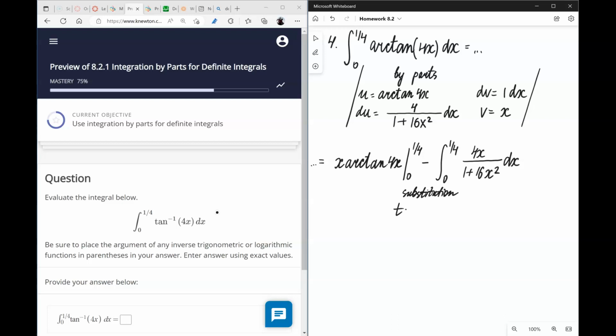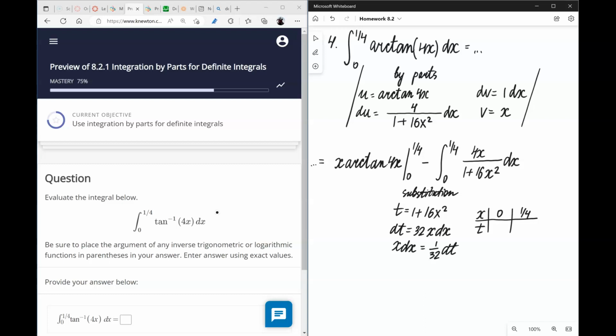My substitution will be the entire denominator. And dt will be equal to 32x dx, and therefore x dx will be equal to 1 over 32 dt. And because it's a definite integral, I'm also going to change the limits of integration, from the limits for x to the limits for t.